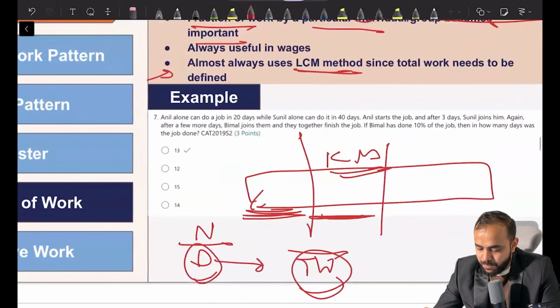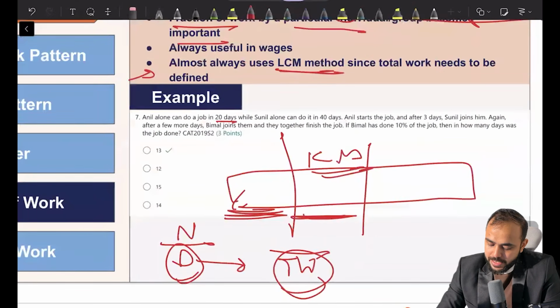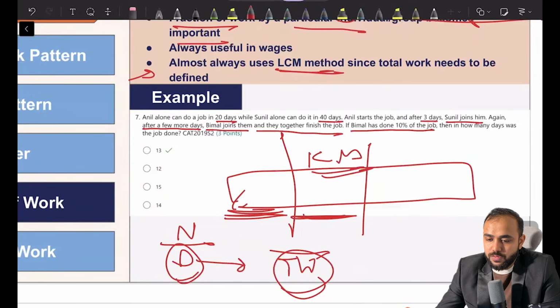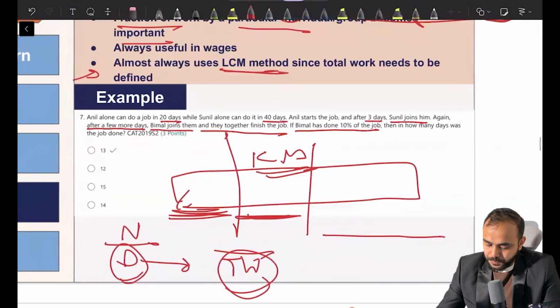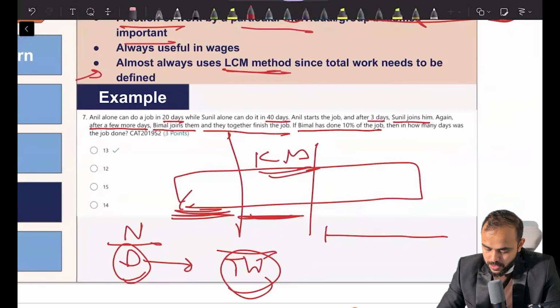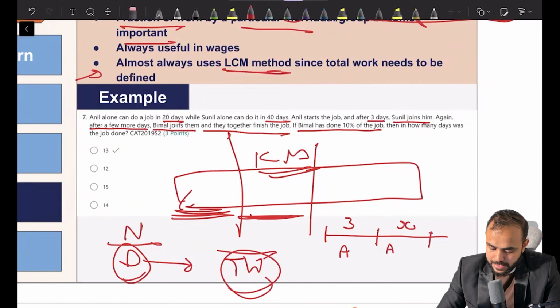So if you look at this example, Anil can do a job in 20 days, Sunil can do it in 40 days. After 3 days, Sunil joins him. After a few days, Bimal joins them, and they together finish the job. If Bimal had done 10% of the job, what you will do is make the timeline. So for 3 days, Anil is only working. Now, after a few more days, let's say X, only Anil and Sunil are working.